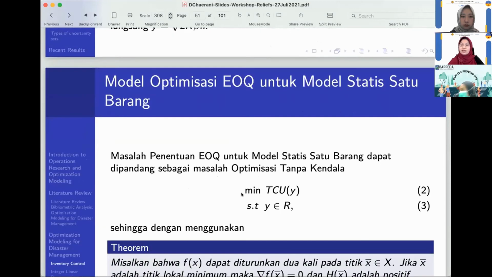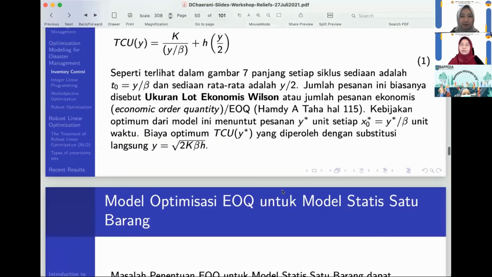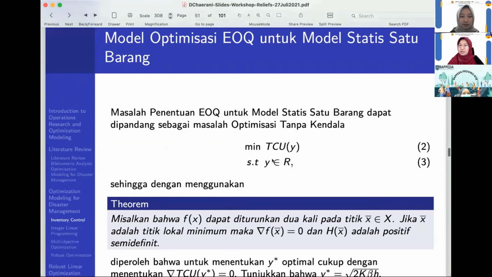Tujuannya ingin total cost per unit paling kecil. Berarti minimum TCU dari Y, kemudian Y-nya harus ada di R, artinya bilangan real. Atau lebih spesifik lagi, karena Y jumlah barang, pasti non negatif.